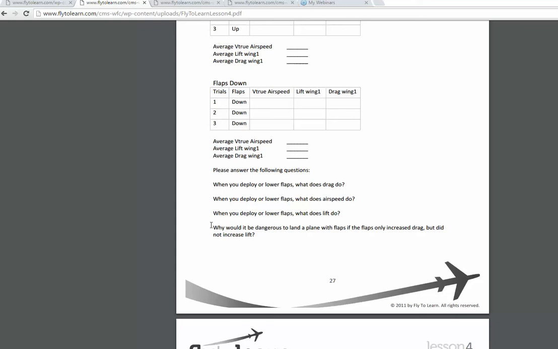What could happen to our plane if we're coming in too slow and basically don't have enough lift? Any ideas? We talked about this phenomenon, which occurs when there's a rapid loss in lift.